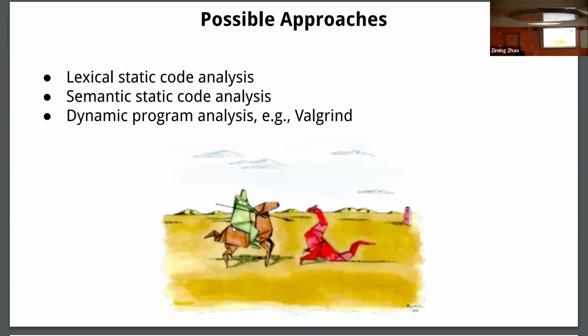One very good tool in this domain is Valgrind. It's open source, super complicated to develop, and has been there for 20 years. It can do all kinds of runtime analysis. For a piece of C code, it will compile that into its own intermediate language called VEX.